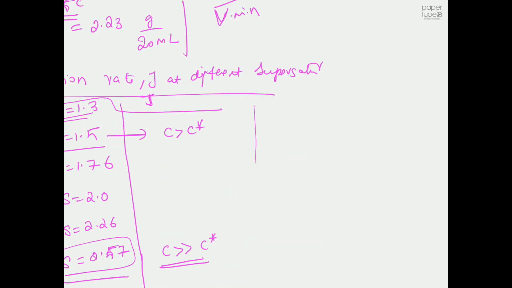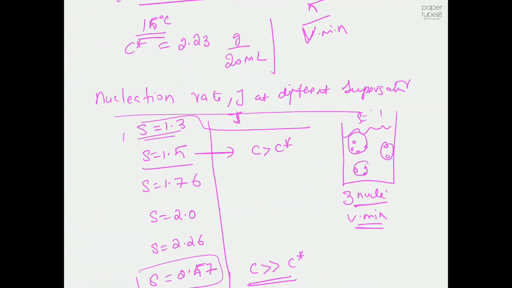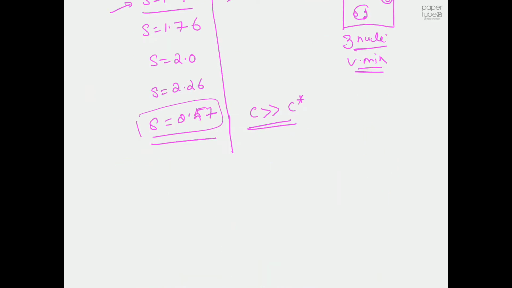If you have a slightly lower supersaturated solution, say S is equal to 1.1, it is less likely compared to the above. Eventually they will also settle, but this time it will be somewhere around 3 nuclei per unit volume per unit time. That's the whole idea of nucleation, and we are going to calculate what will be the nucleation rate if your supersaturation is 1.3, what it will be if your supersaturation is 2.57, and so on.